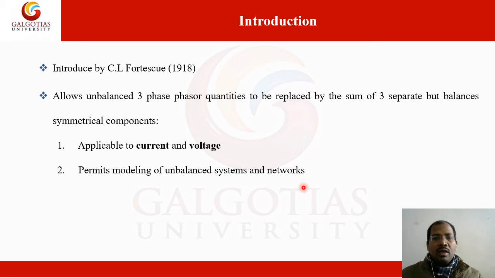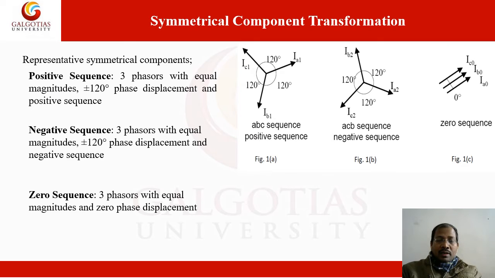In this way, the symmetrical components permit the modeling of unbalanced systems or networks. The symmetrical components network is divided into three components: positive sequence network, negative sequence network, and zero sequence network.